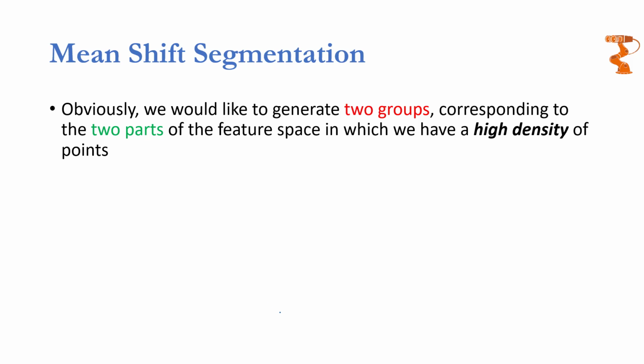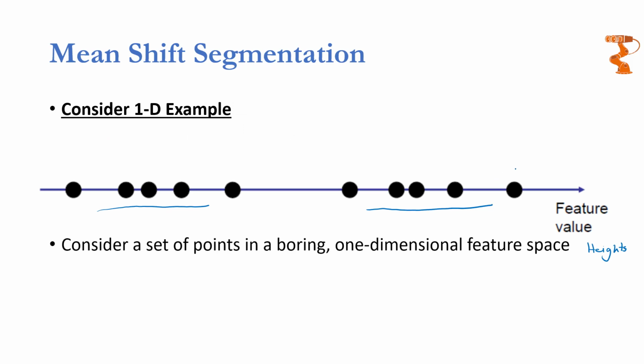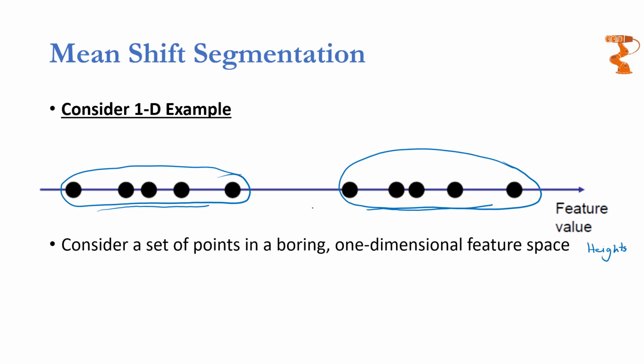So we want to generate two groups corresponding to two parts of feature space, and we want to locate areas of high density of points. You can see that over here, this is the area where there was a high density of points, whereas this is another area where we have a high density of points.